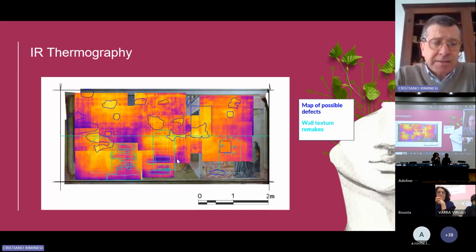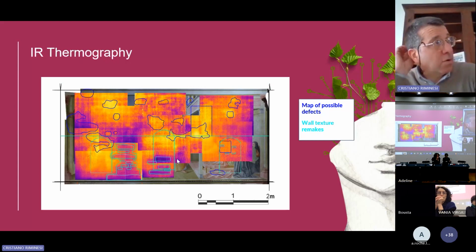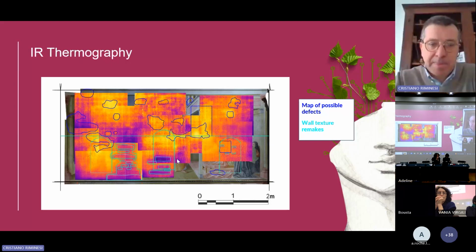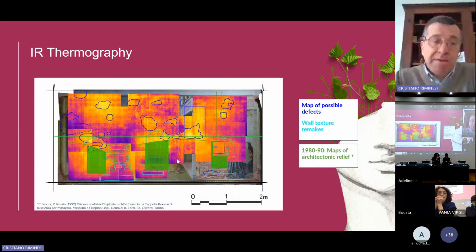This confirms some reliefs obtained 30 years ago by a previous diagnostic campaign. The present investigation improves the quality of the IR thermography, and we can extract some information that we were not able to understand before.